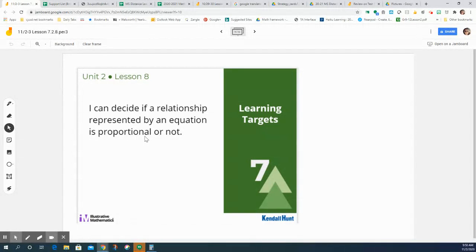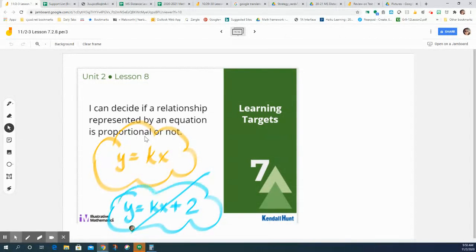That means if the equation looks like this, right? That is a proportional relationship. Okay? If the relationship looks like this, it is not a proportional relationship. Okay?